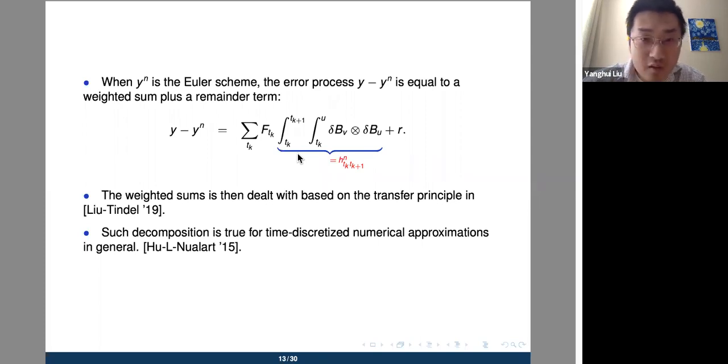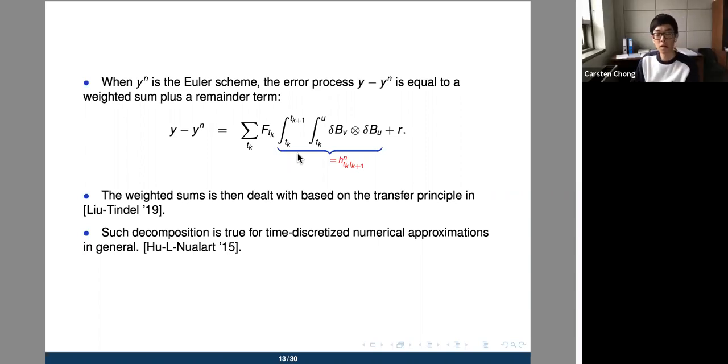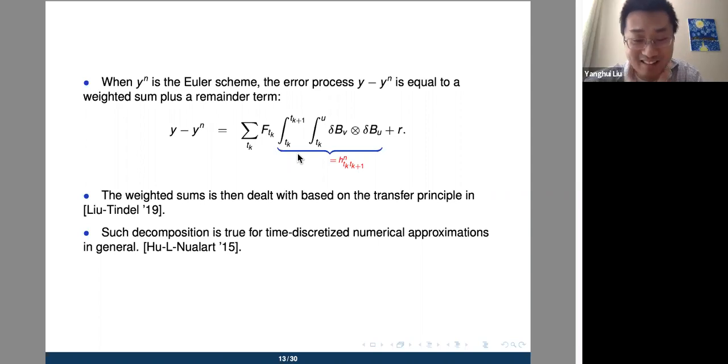But if you are satisfied with not the exact rate, then you can always think of them as the same regularity. You just pick the lowest regularity, the minimum of the regularities.